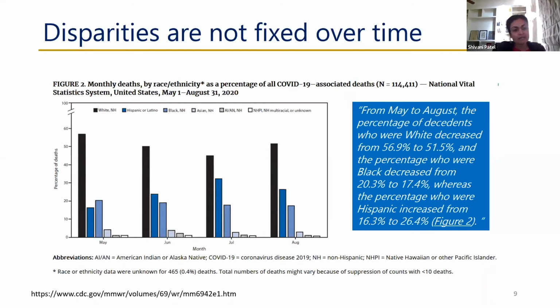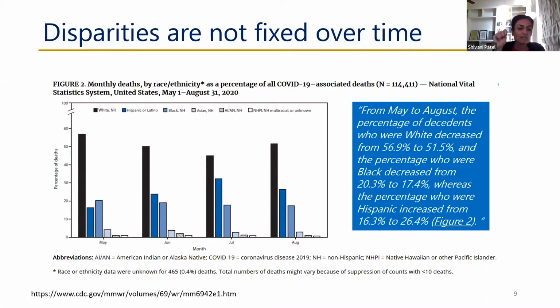The second thing I want to highlight is that this figure shows it a bit, and there are other figures that show it more nicely, that we see a tendency for the racial and ethnic disparity in COVID-19 to increase over time.